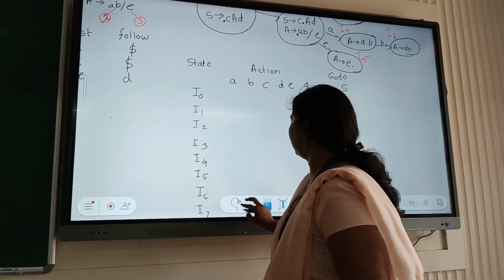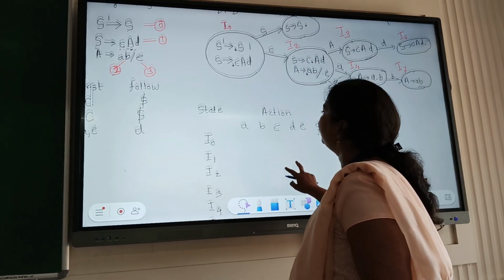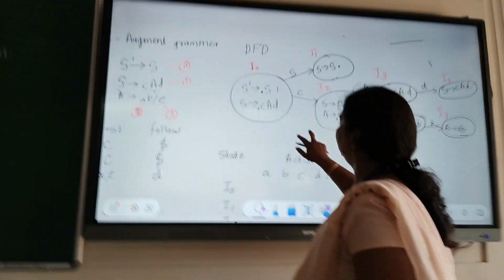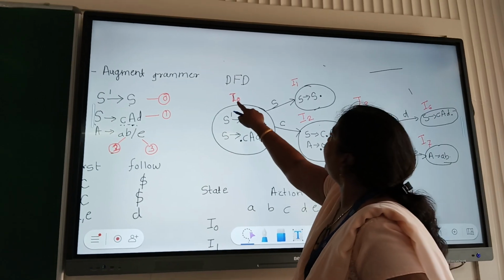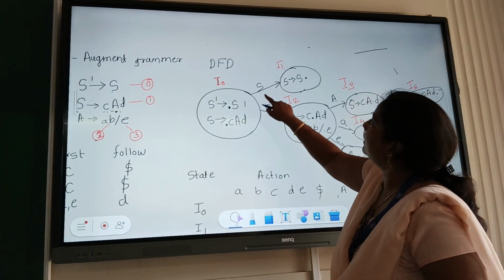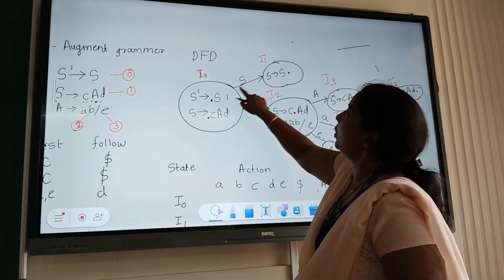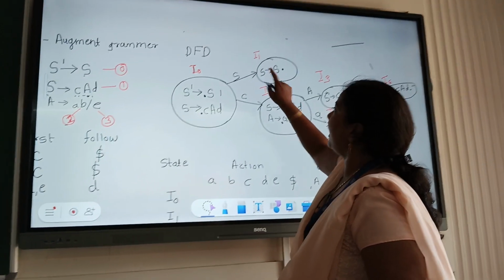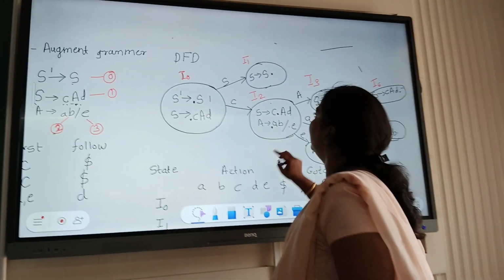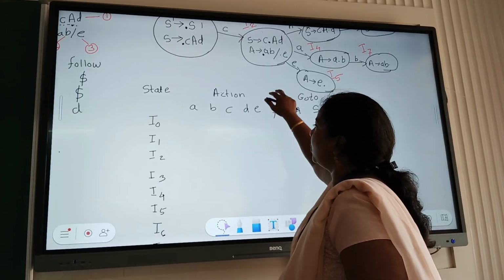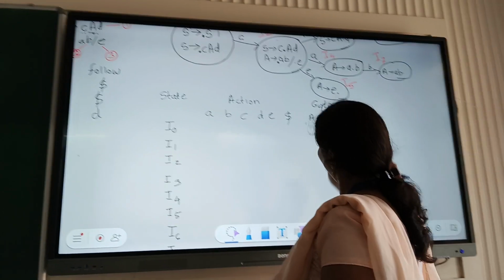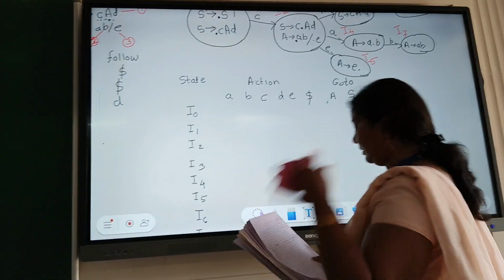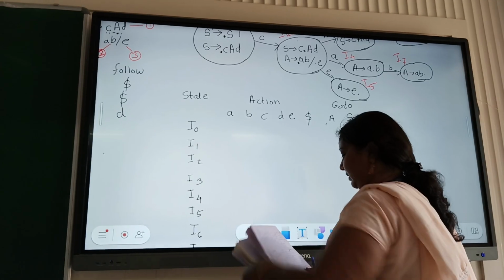Then how do you construct this table? See here, I0 goes to I1 when S, and I2 when C. So I0 when S, first of all complete this action.